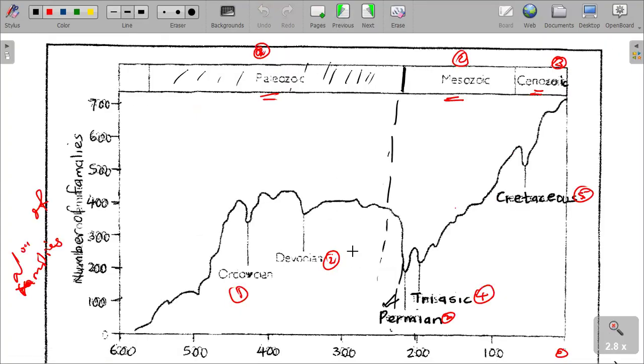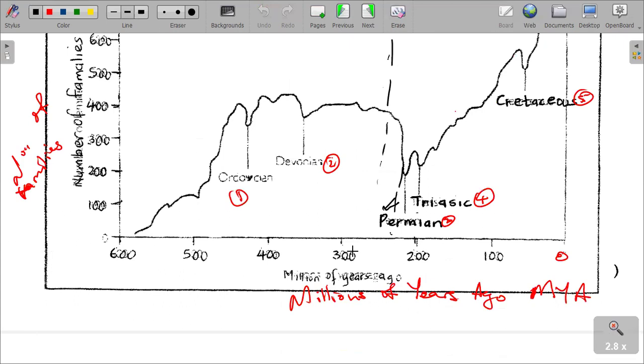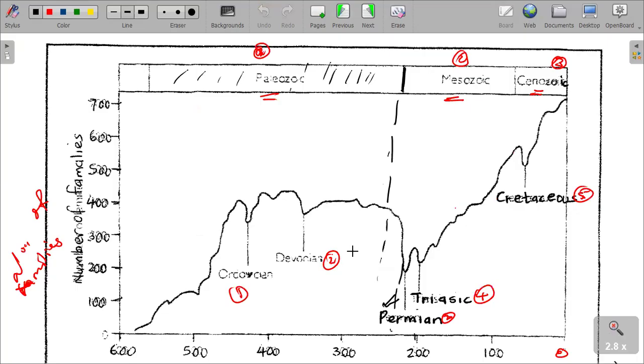If you look into this, the eras that we have, like I said, we have got 1, 2, 3. So in terms of their length, time, or duration, we are looking at this class.